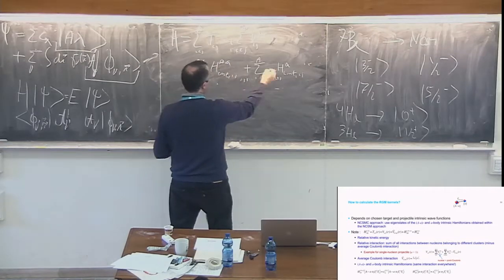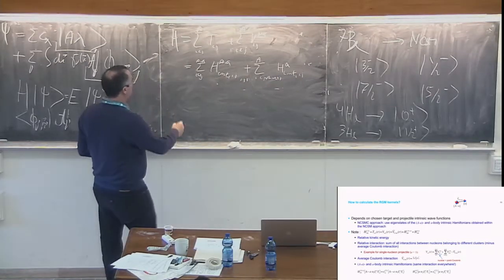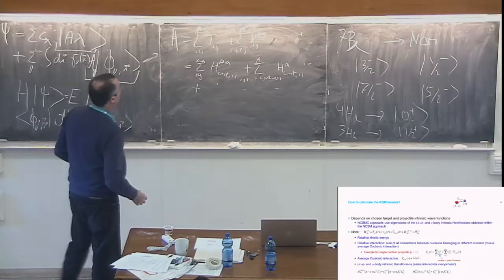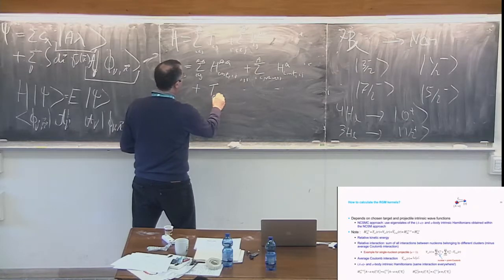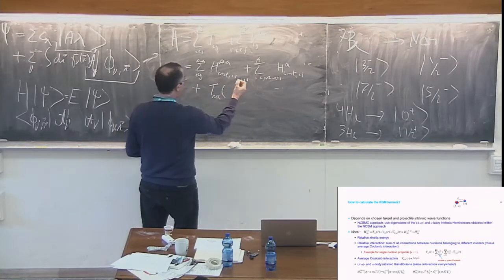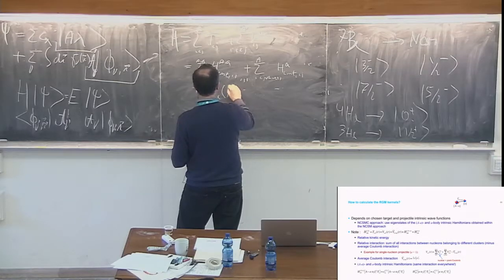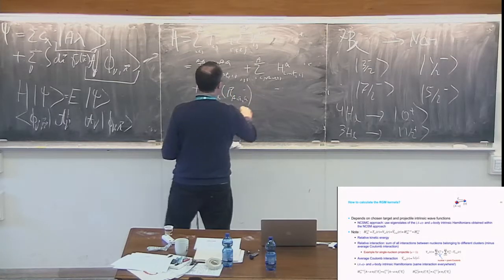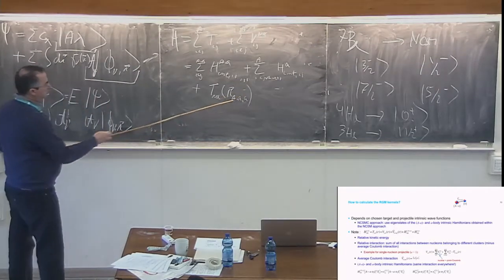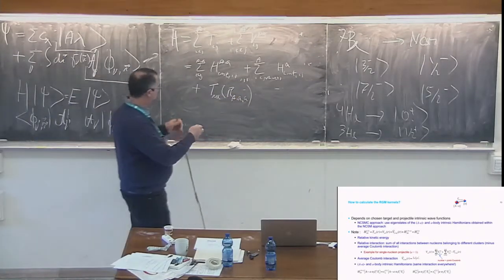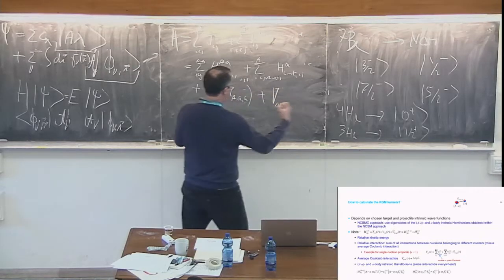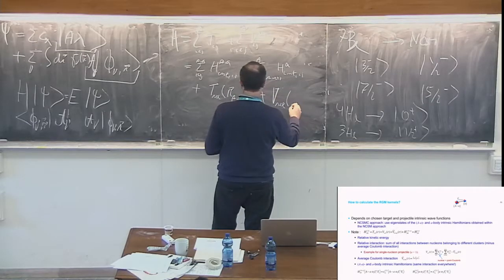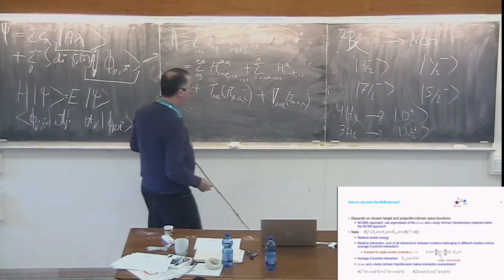So this will be the target, this will be the projectile, and the rest, you can convince yourself, would be a kinetic energy that will depend on the coordinate that I denoted before as A minus a. So that is the relative coordinate of the relative motion between the centers of mass of the two clusters, and then an interaction between those objects, right? Between those clusters.